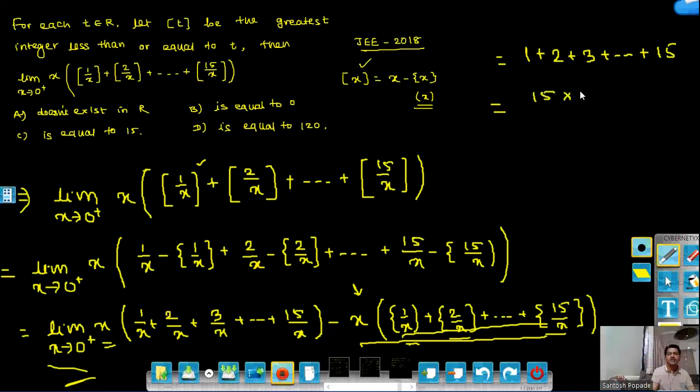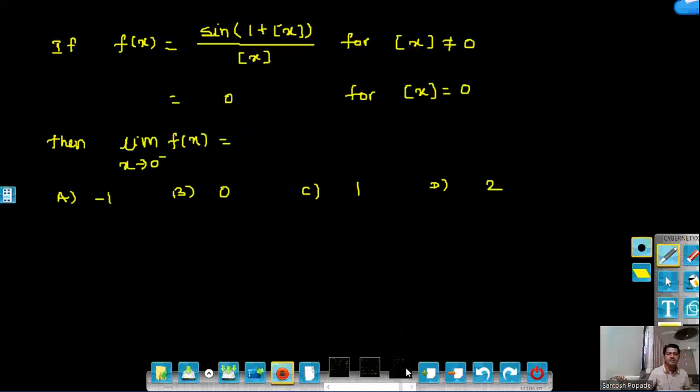They are fractional parts, meaning that the bracketed quantity is definitely a finite term. Hope you are getting what I am saying. In the second limit the bracketed quantity is a finite quantity into x, and x is tending to 0, so the second term will become 0, and you will get only the first bracket, that is 1 plus 2 plus up to 15, and that can be added to give you 120 as the correct answer.